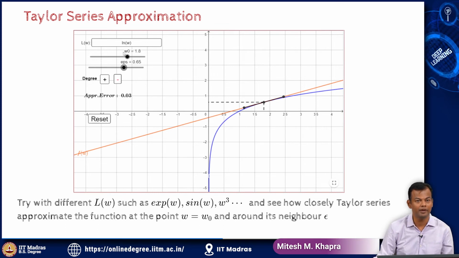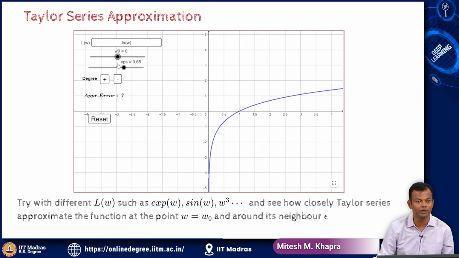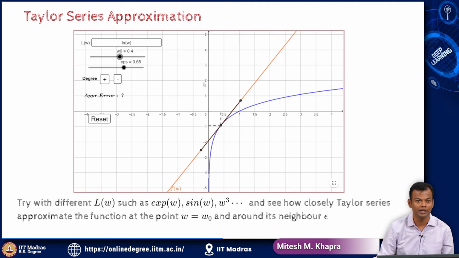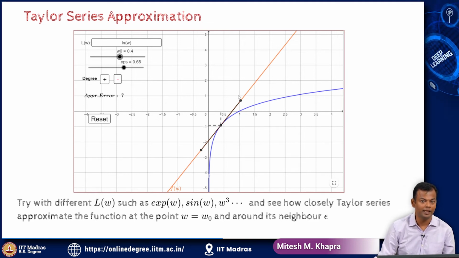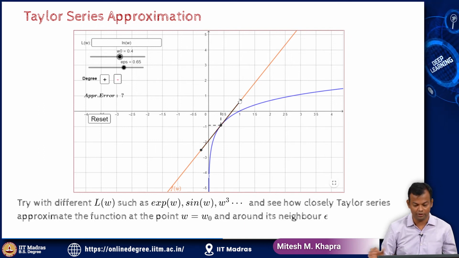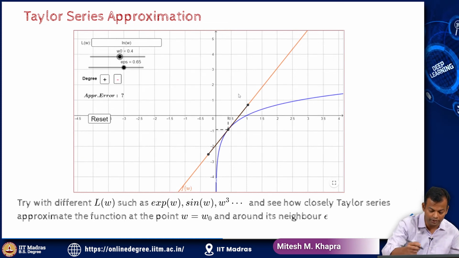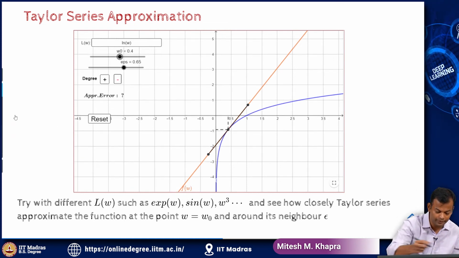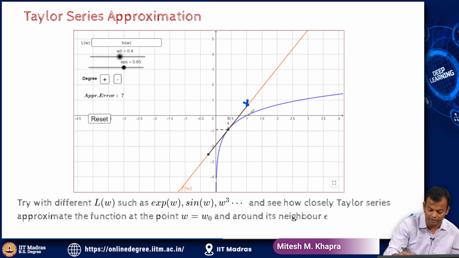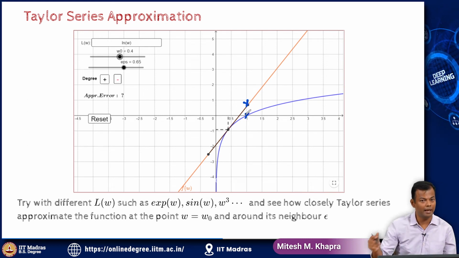But now if I change the value of w a bit, if I go here, now here my slope is very high, as you can see. The gradient is very high, and now in that case, my approximation is becoming very bad. This is the same window, I have not changed the window. But now you can see, this is the approximation and this is the true value, and the gap is very high.